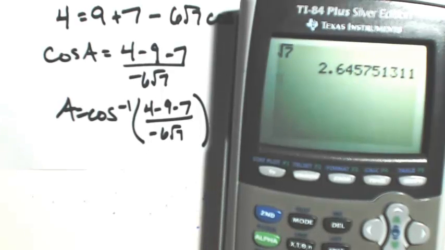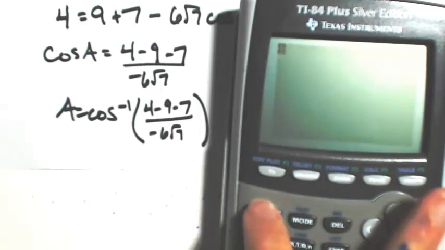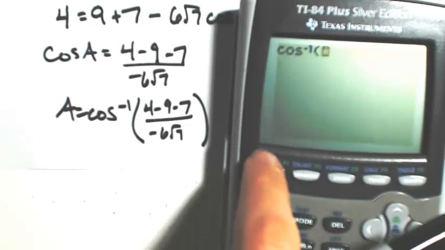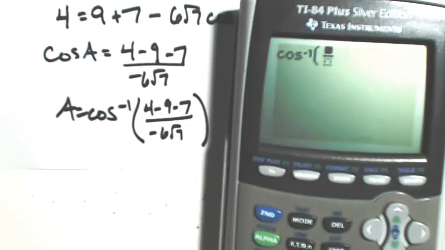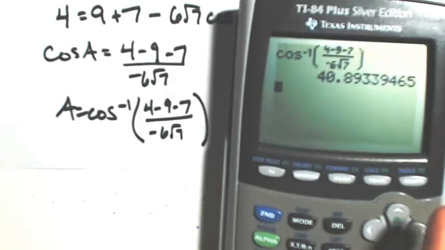Okay, so I'm going to show you both ways in case you don't have that feature. So inverse cosine, and I'm going to activate my fraction. So 4 minus 9 minus 7 over negative 6 square root of 7. It's going to give me 40.89 degrees.